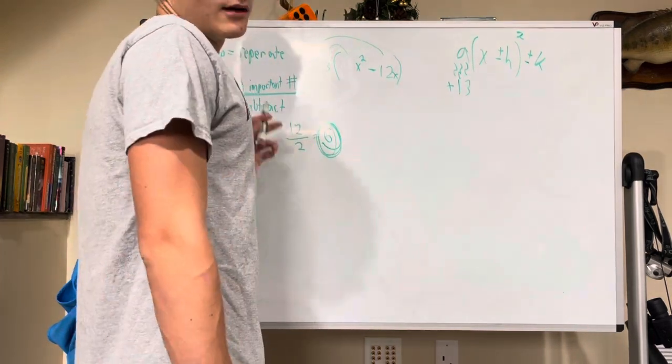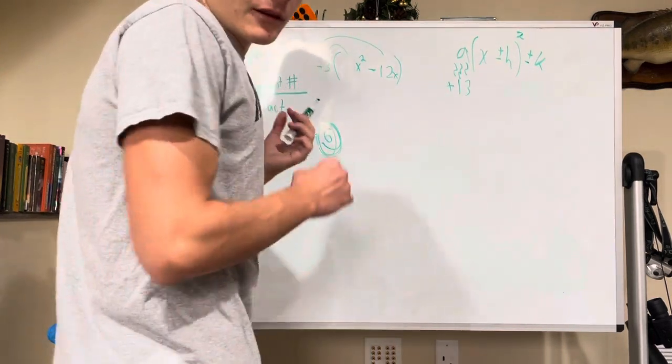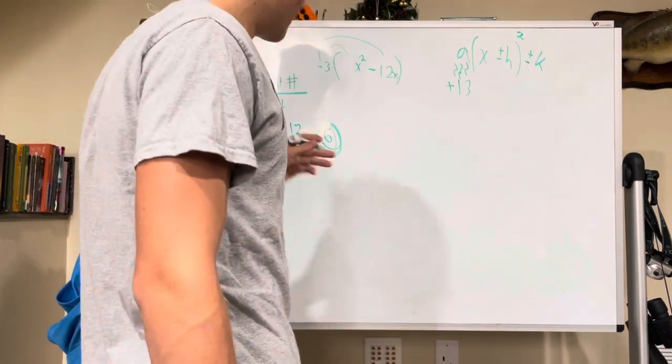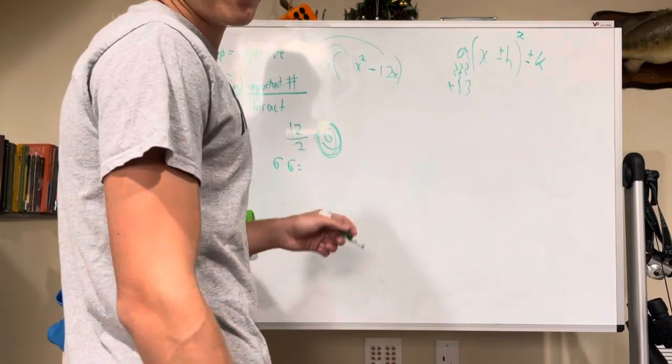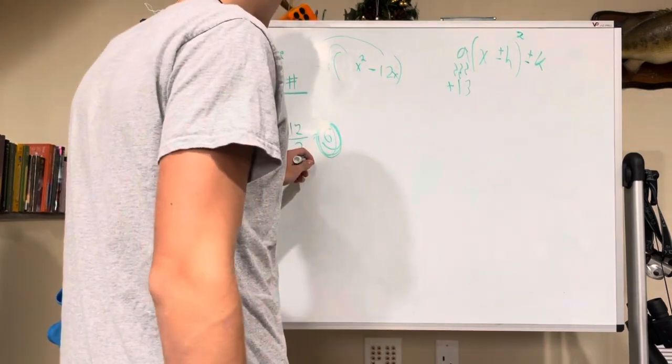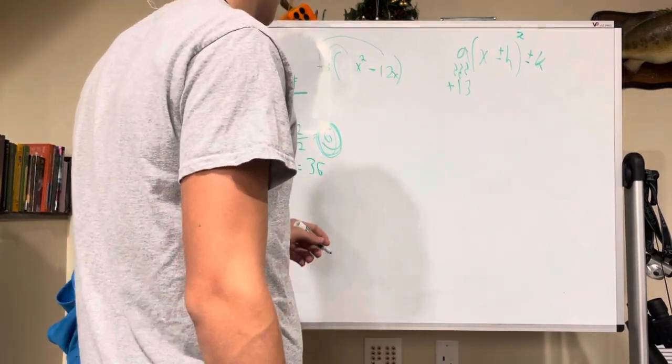Now then, you need to find your second special number, which is just by taking the 6 and multiplying it by itself, and that, in this case, is 36.